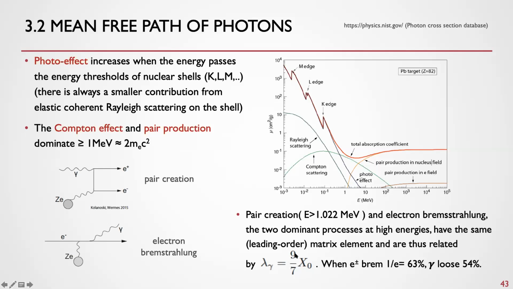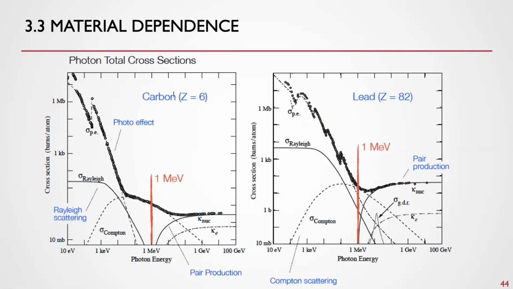This factor 9/7 comes from the Feynman rules applied to the initial and final state here. When an electron has lost 63% of its energy on its travel through matter, a photon has only lost 54%. But otherwise, electrons and photons in the detector behave very similarly once they are in the detection material.